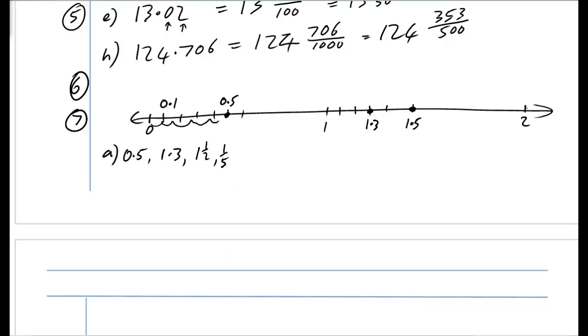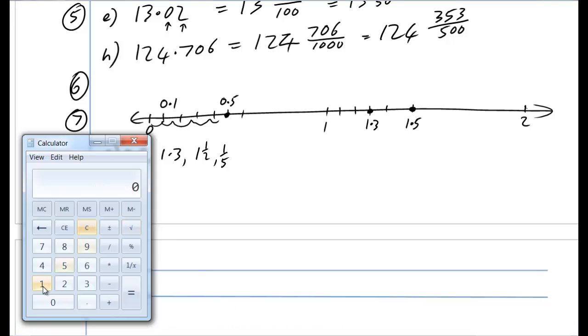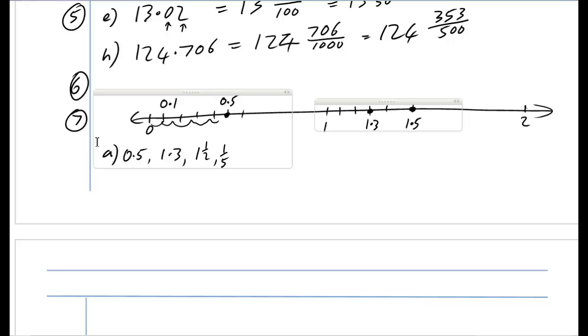And then 1/5, if you get your calculator, it's probably easiest to convert these to a decimal. 1 divided by 5 equals 0.2. So on your number line, there's 0.1, 0.2 is here, so put a dot and label it. Actually, let's label it 1/5 instead of 0.2.